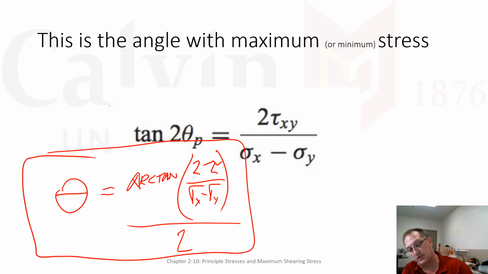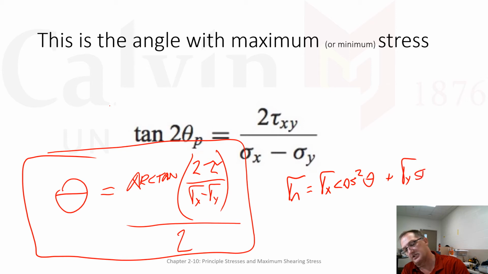Remember, my transformation equation looked like sigma in the n direction was equal to sigma x cosine squared theta plus sigma y sine squared theta plus 2 times shear xy times sine theta cosine theta.